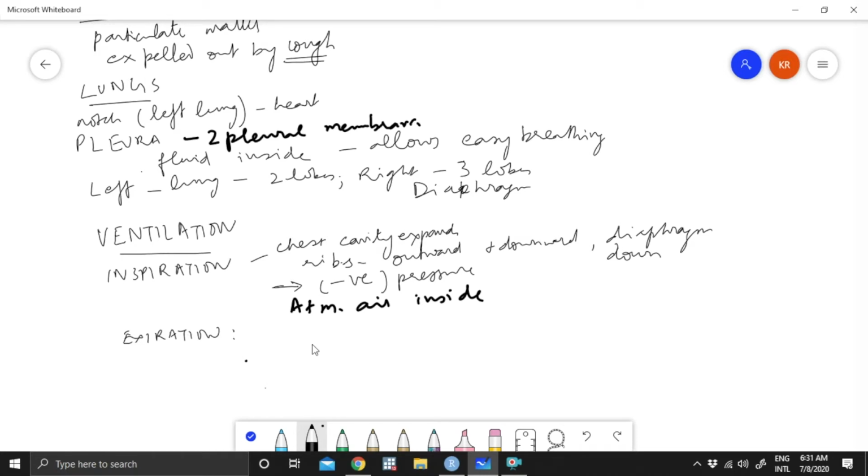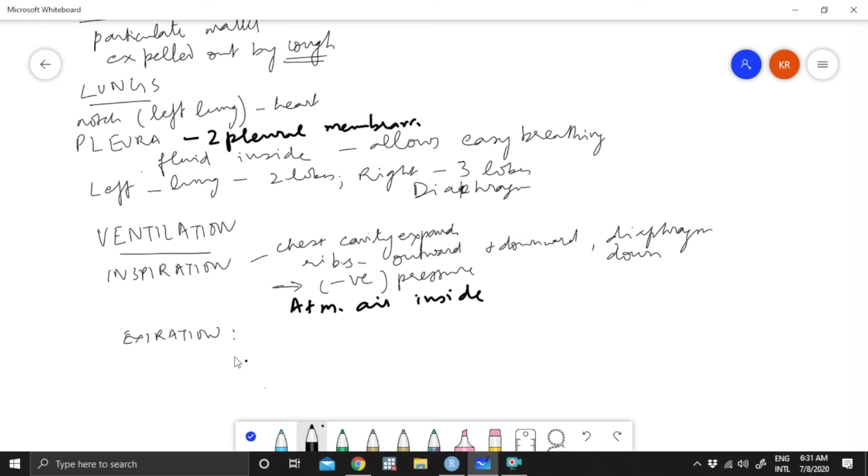So during expiration, the ribs will move inwards and upward, and the diaphragm will once again get back to its normal position, and therefore the air inside the lungs moves out.